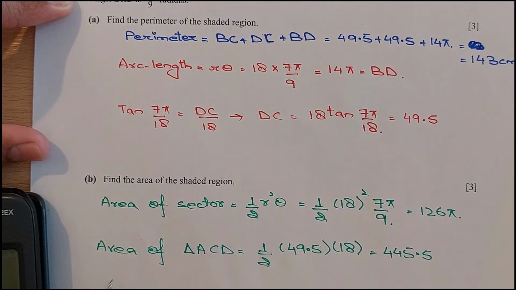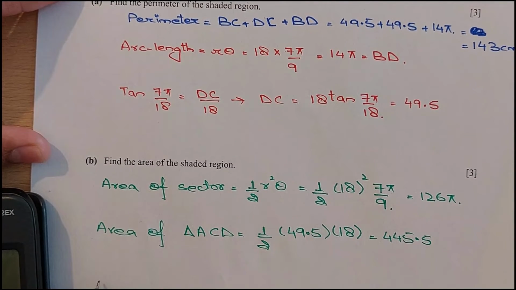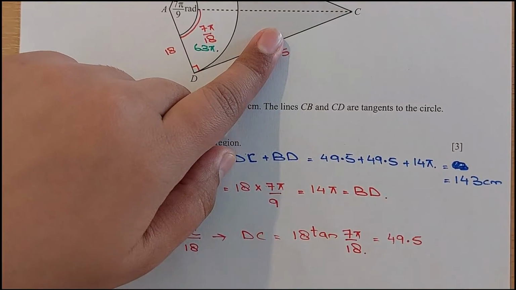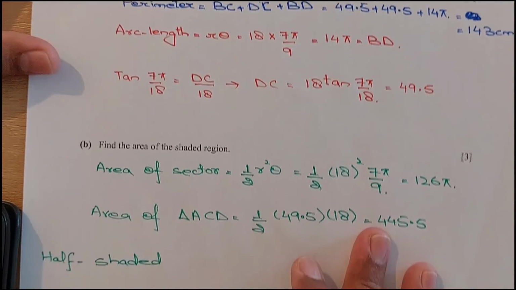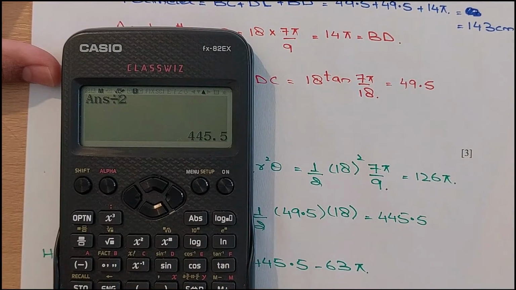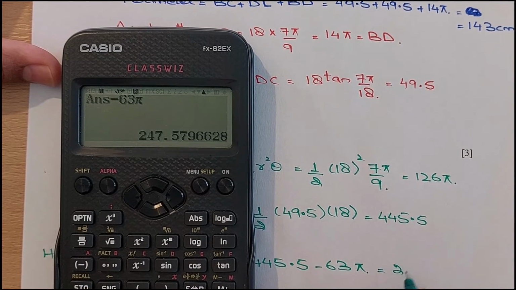So the shaded area, or we can say half the shaded area, because we are doing the bottom half of this shaded area. Half shaded area is 445.5 minus 63 pi, and this is equal to 247.5, right?